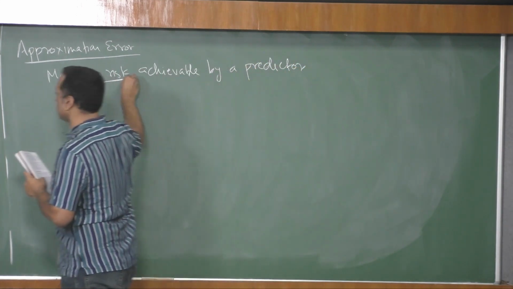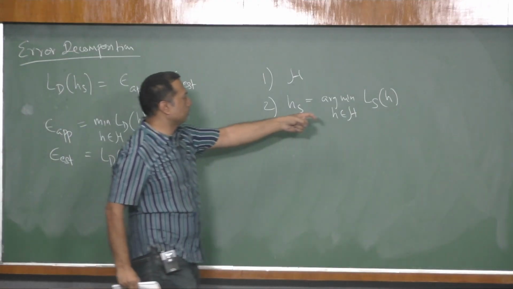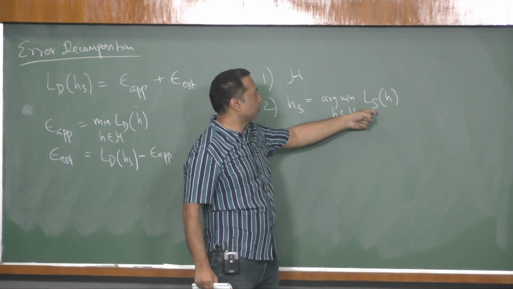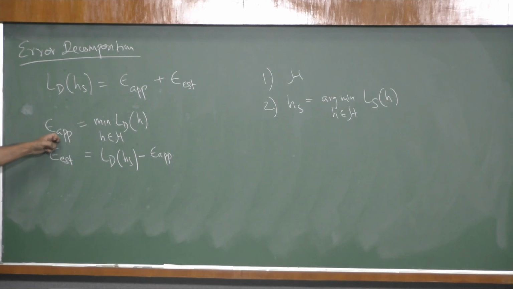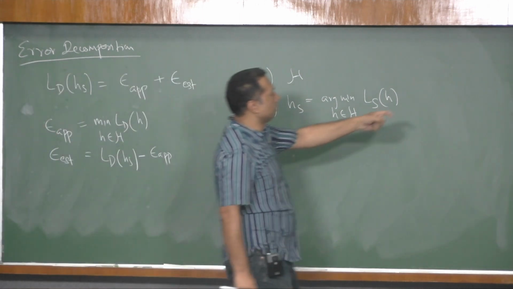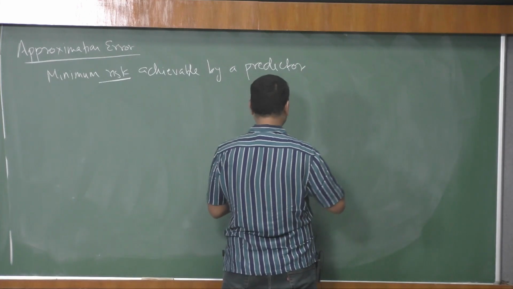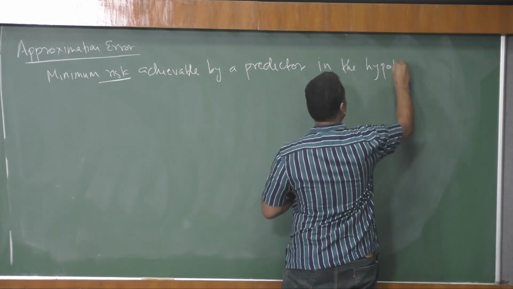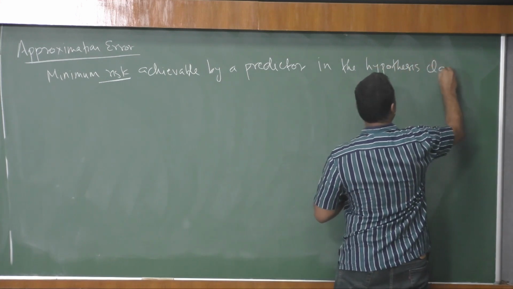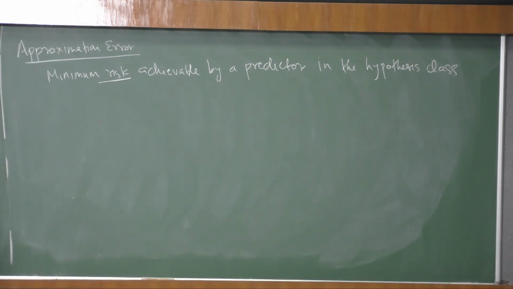Remember, risk means the true error, and empirical risk is the training error. So when I say minimum risk, I mean this. This is indeed how we define it: epsilon APP is the approximation error, the minimum risk achievable by a predictor in the hypothesis class. This term measures how much risk we have because we restrict ourselves to a specific class.